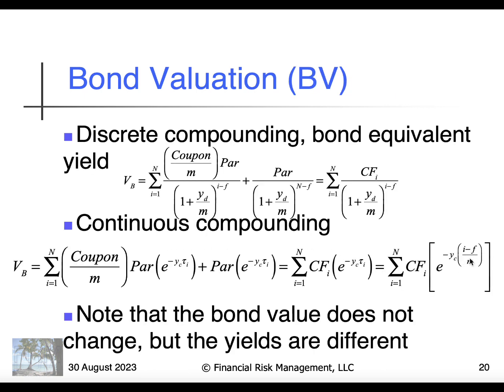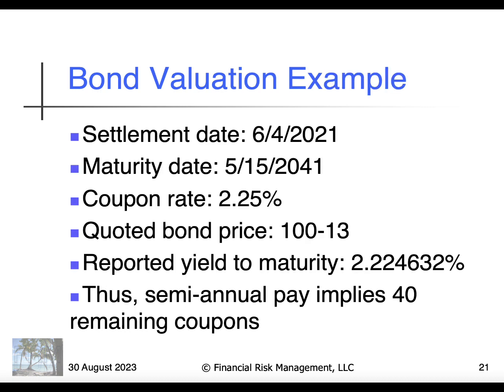If we start out with the value of the bond, we solve for the yield to maturity. And if we then use this yield to maturity, we get the value of the bond. In both cases, we should get the same value of the bond, but we will get different yields to maturity. This is an important consideration when you're trading bonds: the yield to maturity is a function of the mathematical model used to calculate the yield itself.